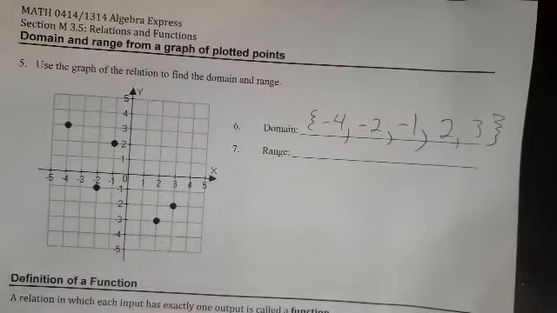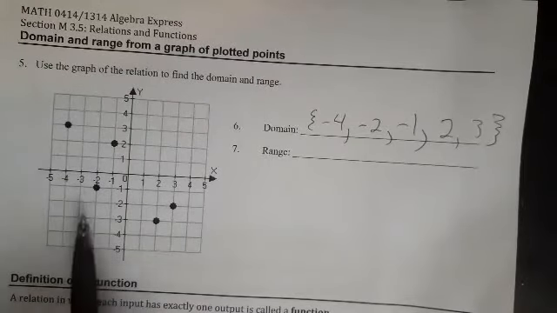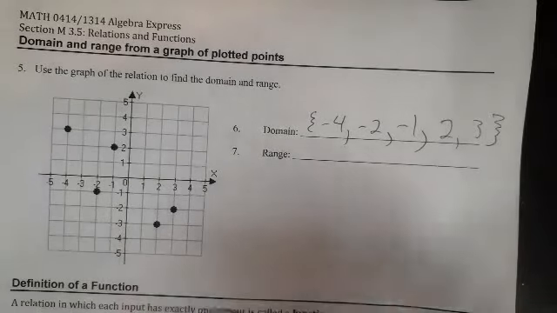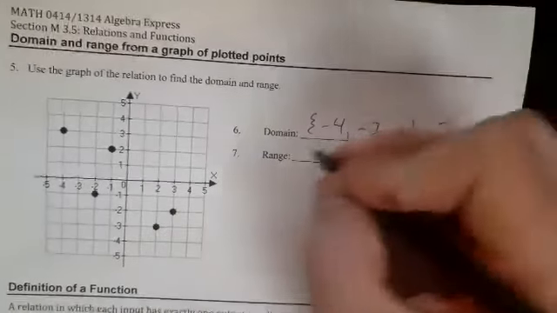So you can come across the x-axis, so you can put these numbers down. This is one way you can do it. We can go left to right, we can go bottom to top.